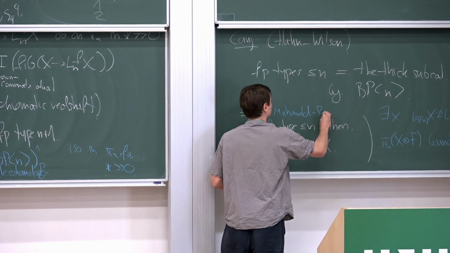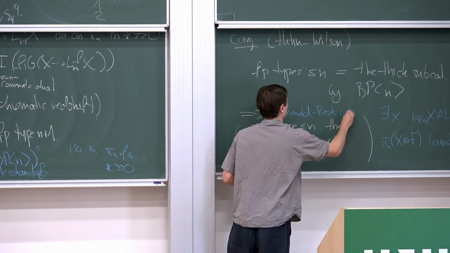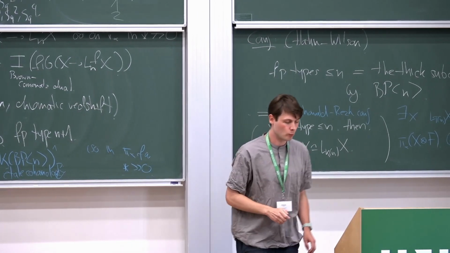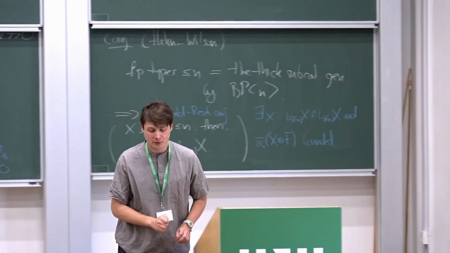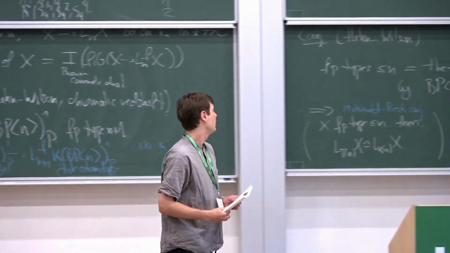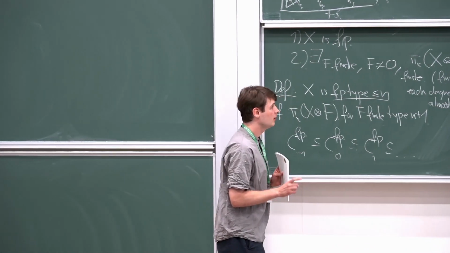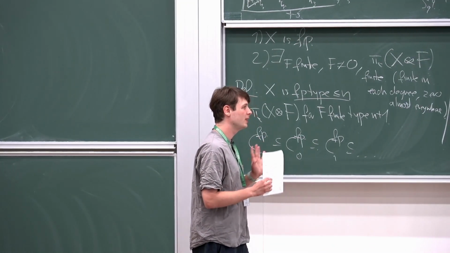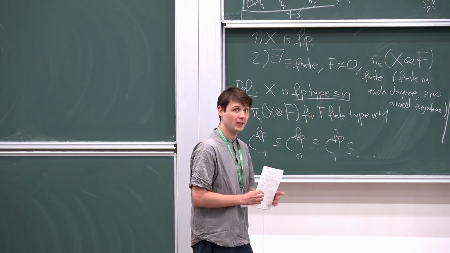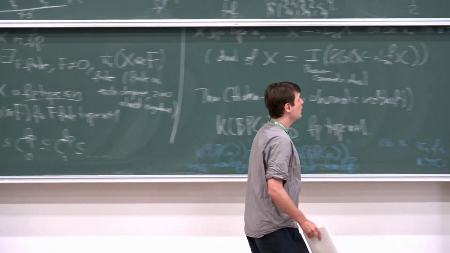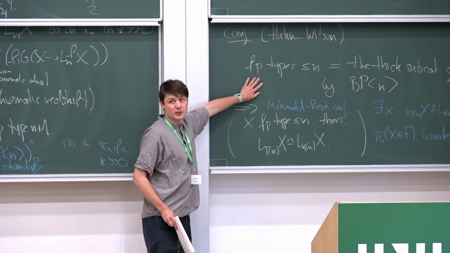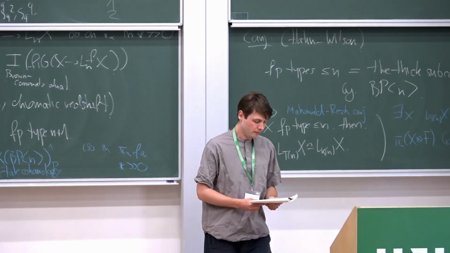This is the Mahowald-Rezk conjecture. I think at the time when they wrote it in '99, they already believed that the telescope conjecture is probably false in general, but they still thought it might be plausible that it's true for reasonable things, like FP types. And one way to prove something like this would be to prove the Hahn-Wilson conjecture itself.